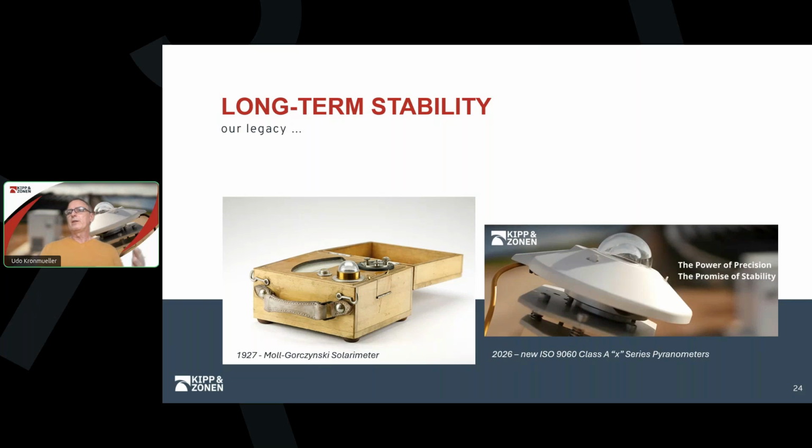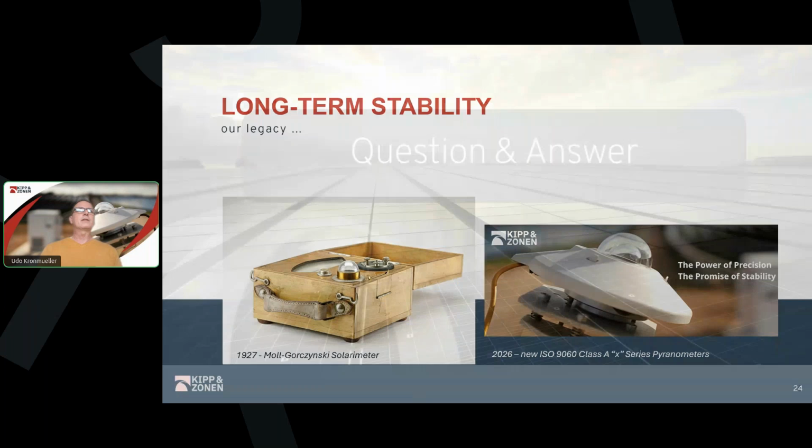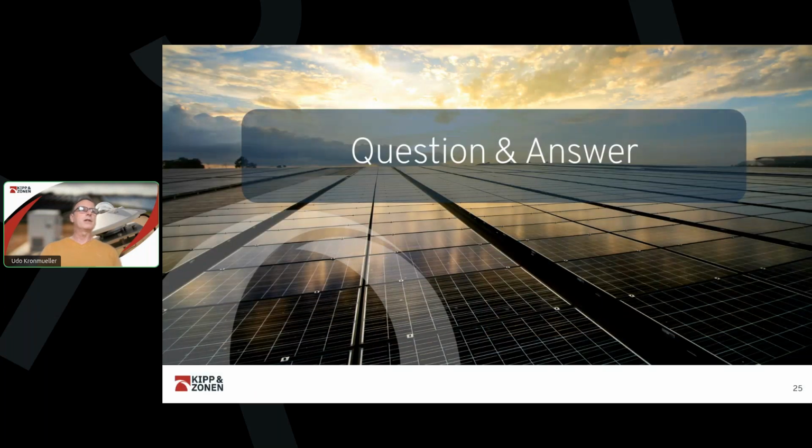So in other words, it doesn't help when the specified uncertainty of a pyranometer just survives a 2 year warranty period. And the second is, the power of precision only counts when it's backed by the promise of long-term stability. And with that, I guess I hand over back to you, Ella.